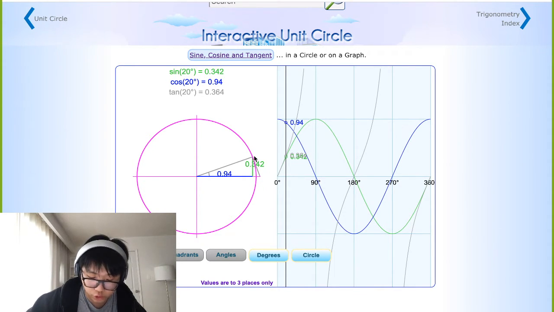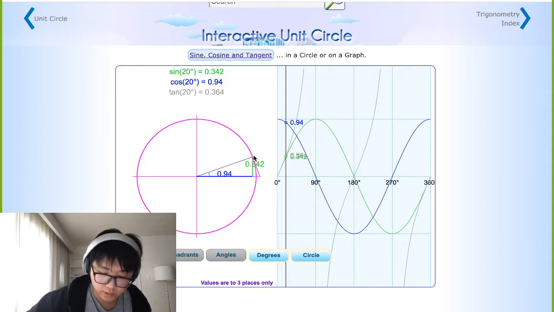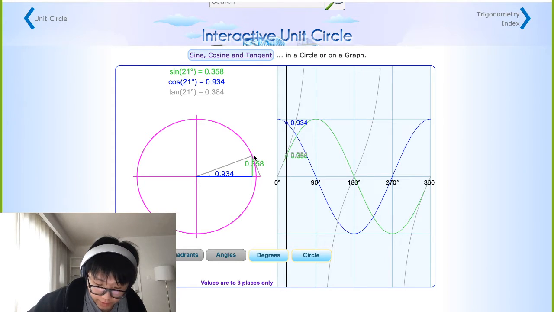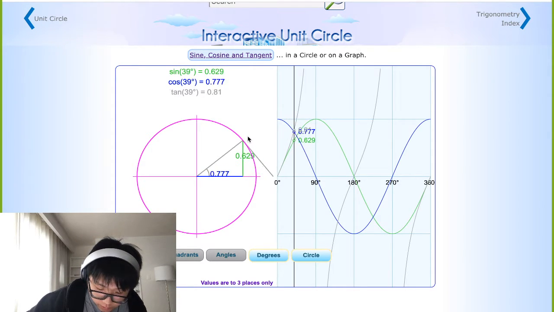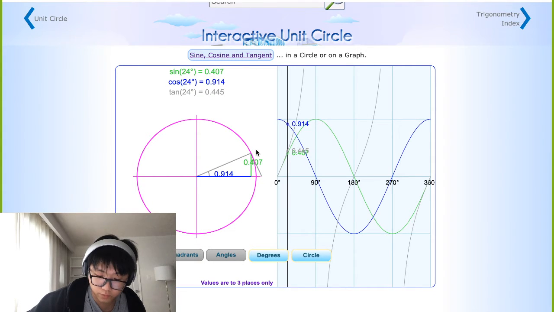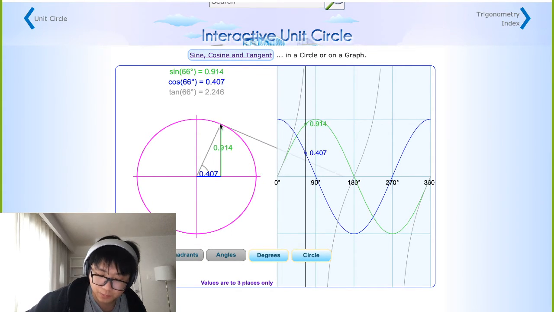That's a pretty big change, right? 0.3. So we're almost 1/3 of the way. Actually, a little past 1/3 of the way, because 1/3 would be 0.33. The next 20 degrees only went from 0.34 to 0.65. Exactly, because of the curving.